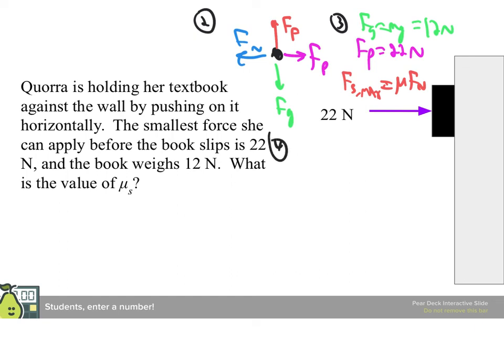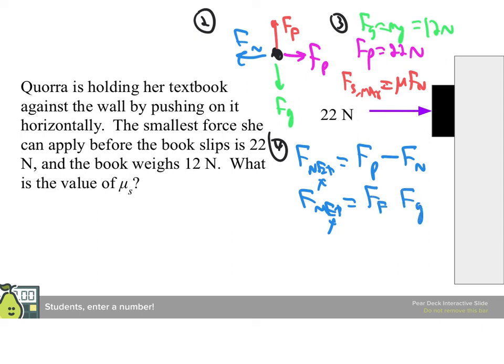Step 4 says write the net force based on the diagram. So up here I have an Fp and an Fn, but they disagree on direction, so one of them should have a minus sign. And likewise, in the y direction, I have an Ff and an Fg, but they disagree in direction, so one should have a minus sign.